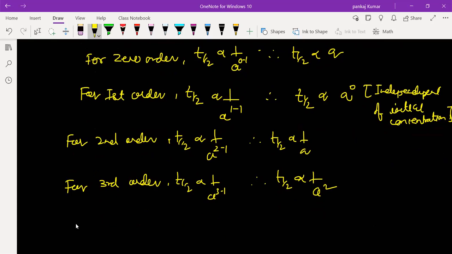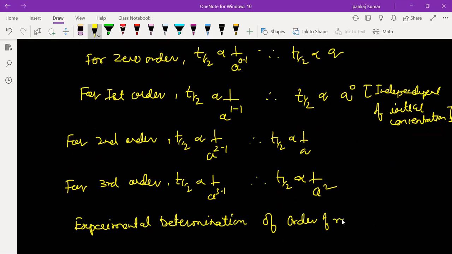Experimental determination of order of reaction. So first is your integration method.